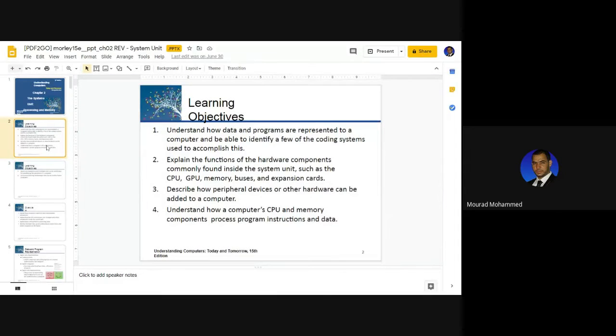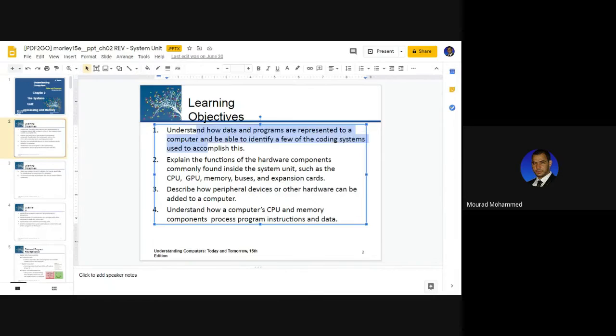Mainly, we are going to list six of the main objectives we are going to go through. We are going to understand, the first thing, the representation of the data inside the system unit, because there has to be understandable data given to the central processing unit in order to be able to process and provide us information.